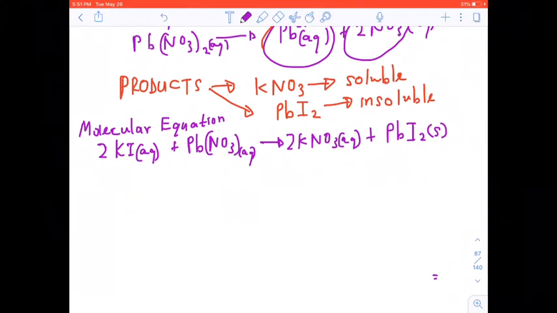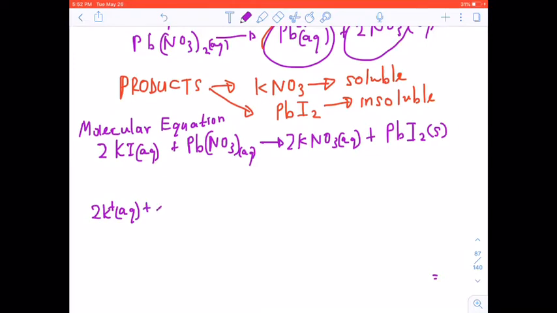if we write an ionic equation for it, we know that we're going to have 2K plus aqueous plus 2I negative aqueous. I'm writing it in ionic form, right?